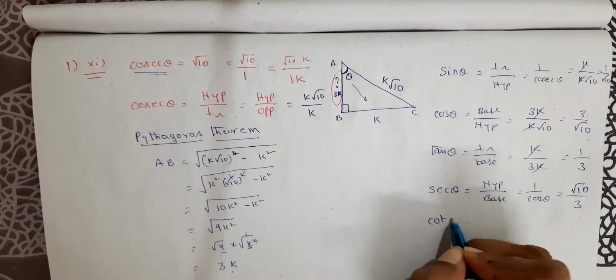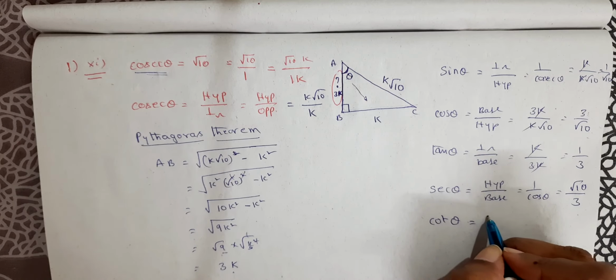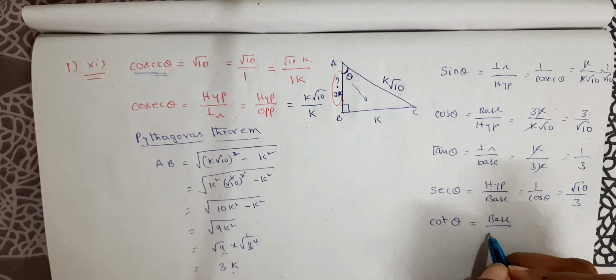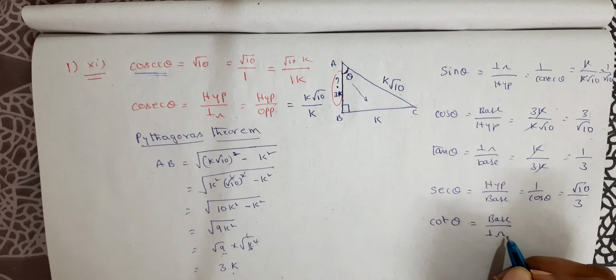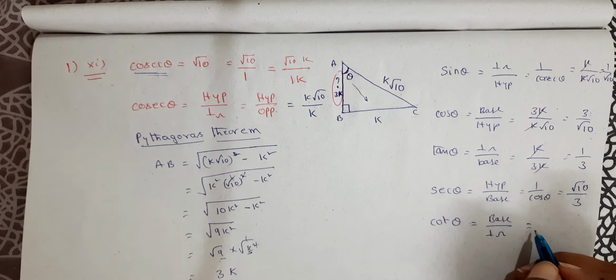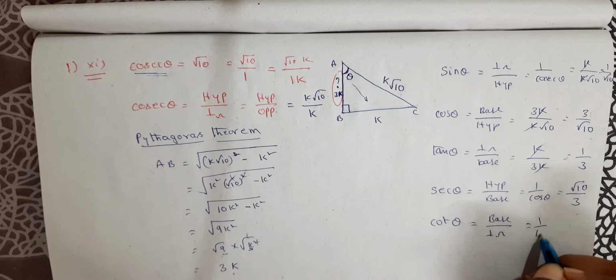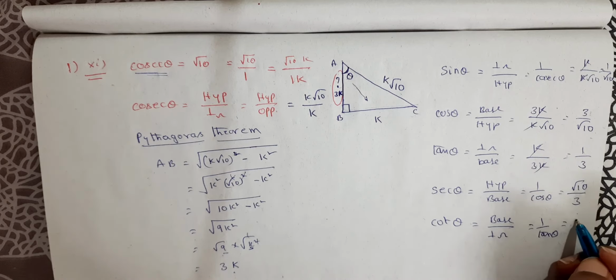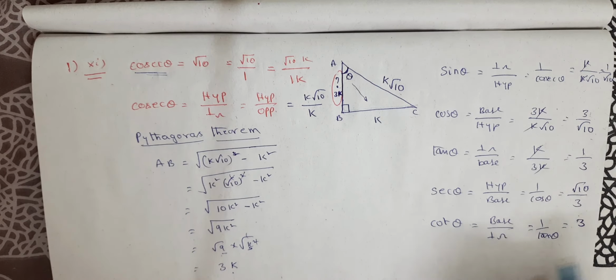Now the last one is cot theta, which is base by perpendicular, which is also 1 by tan theta. Tan theta is 1 by 3, so the reciprocal of it is 3 by 1, which is 3.